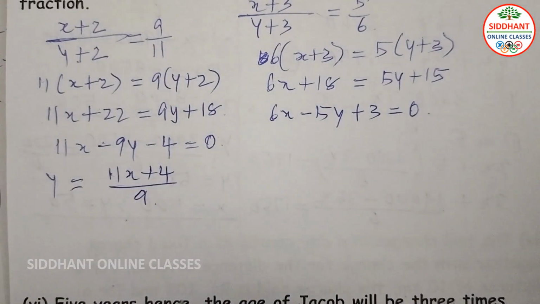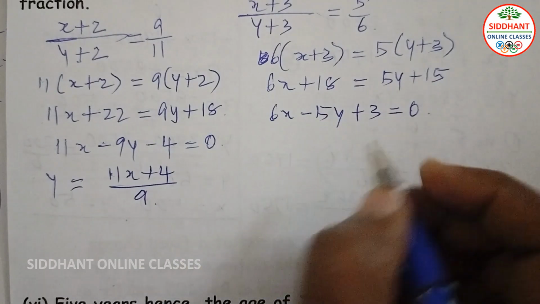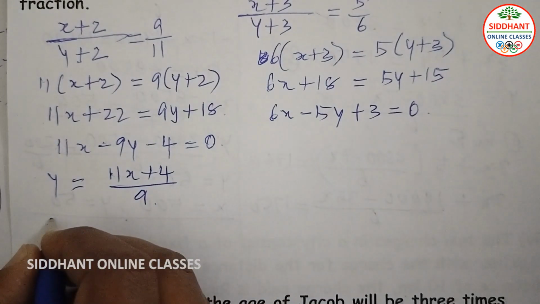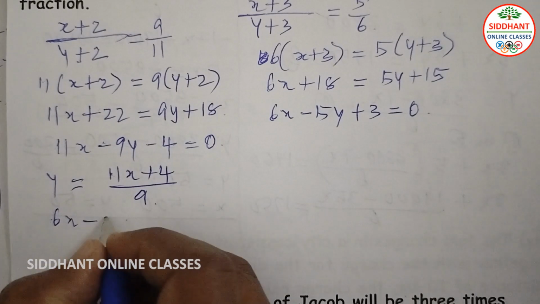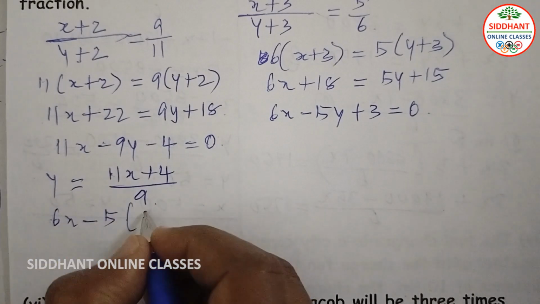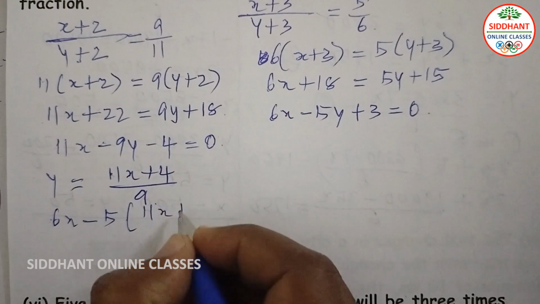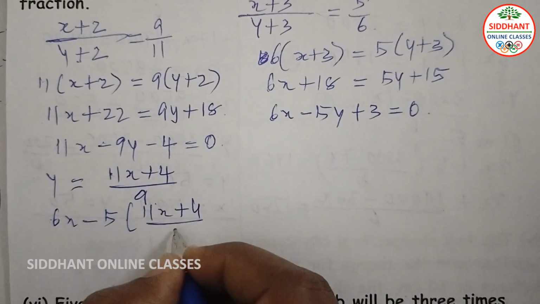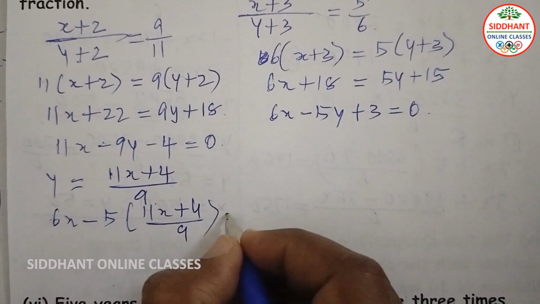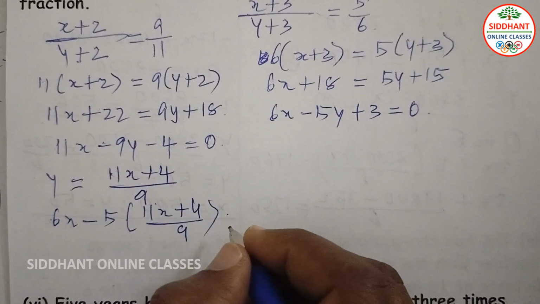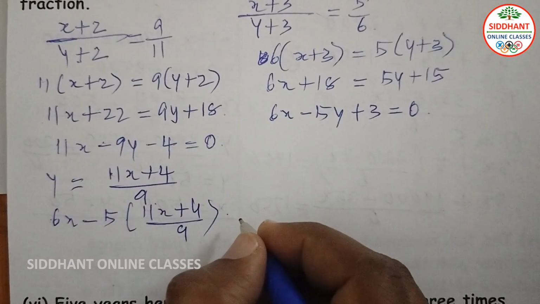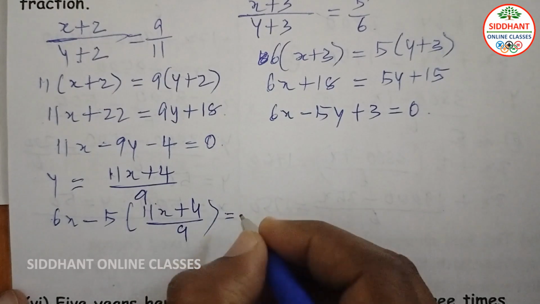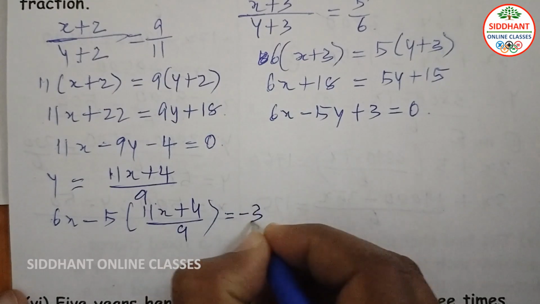So substituting in this equation, we get 6x minus 5 into 11x plus 4 by 9 equals minus 3 here.